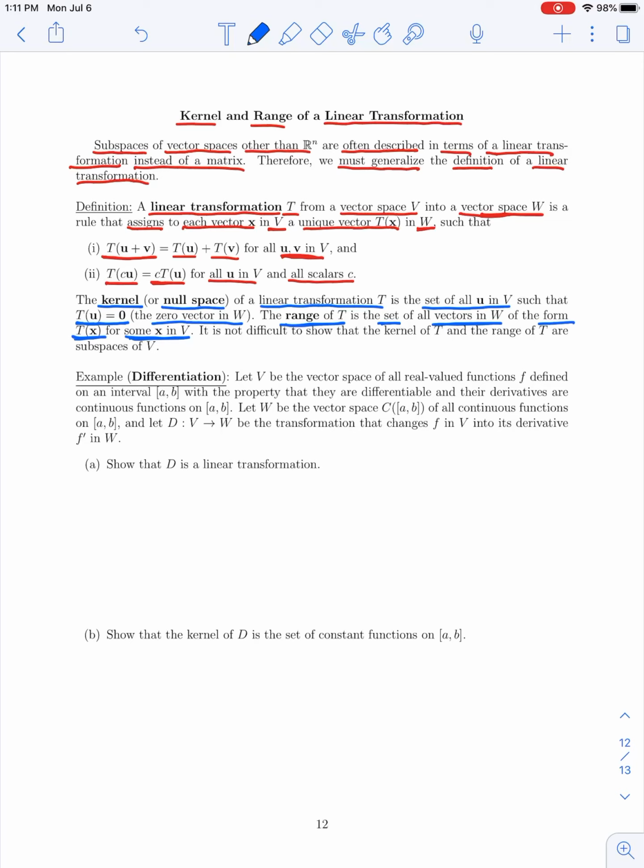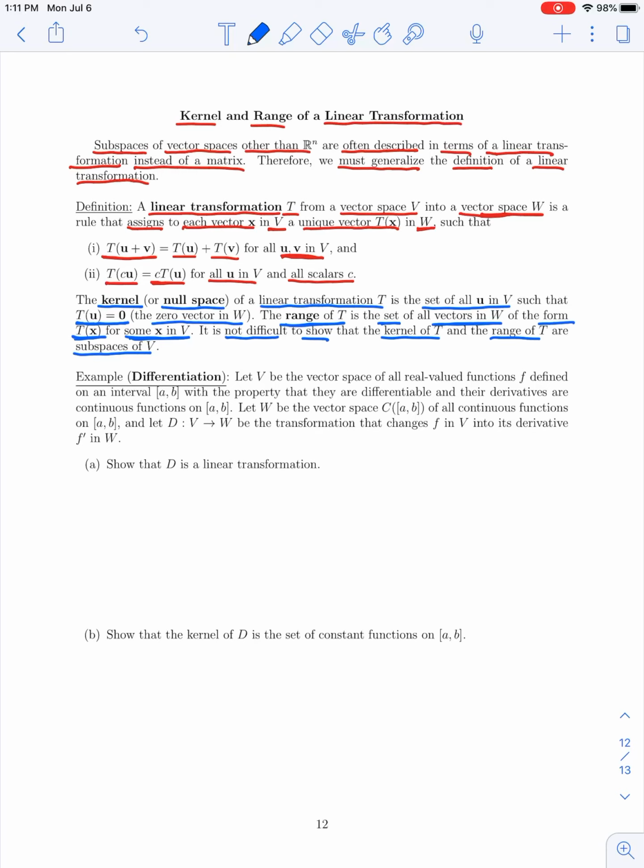In the same way that we had shown that the null space or column space of a matrix are subspaces, it is not difficult to show that the kernel or the range of a linear transformation T are subspaces of the vector space V or W.